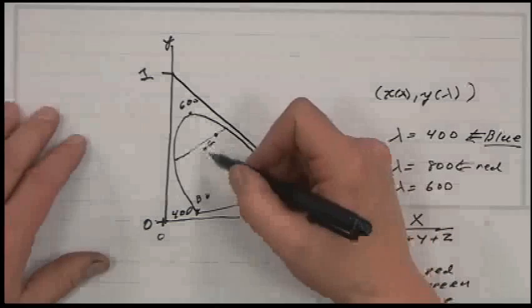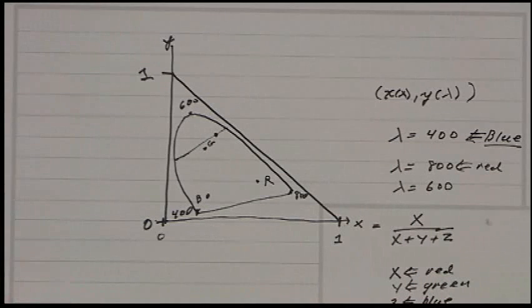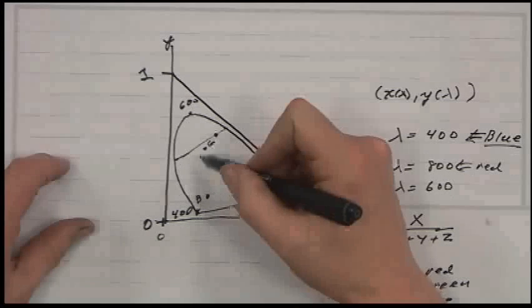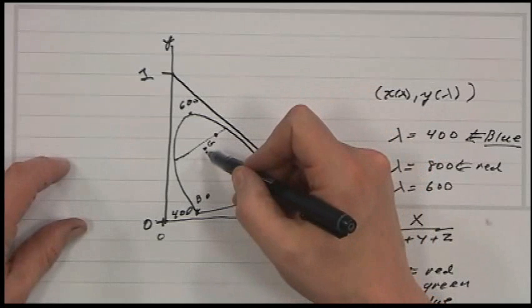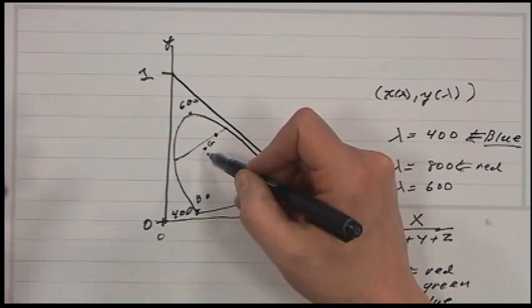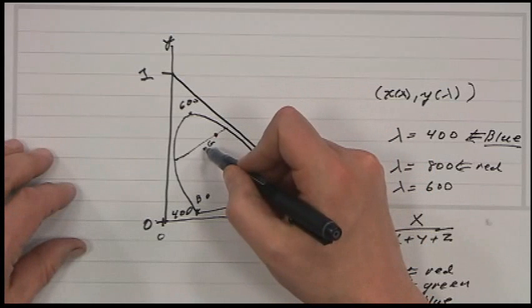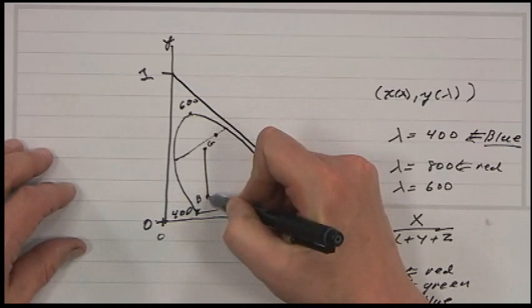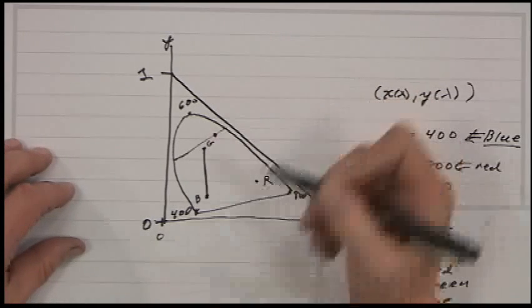Assuming there aren't weird interactions in the electronics, like if the power supplies interacted, then when you put one gun on, it would draw down the power supply and might make the other gun less bright or something like that. But in any case, assuming no nonlinear weird interactions, if you take the green and the blue and mix them together, you're going to get a color along these lines.